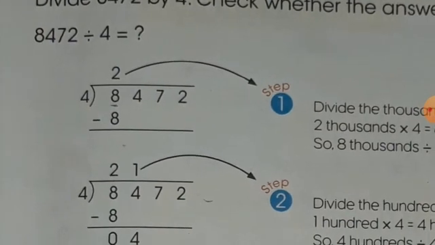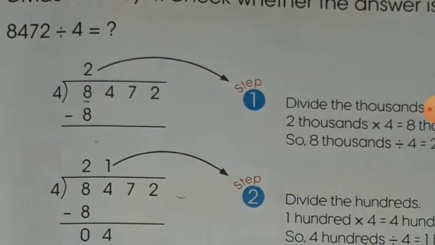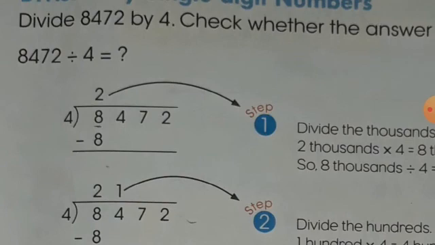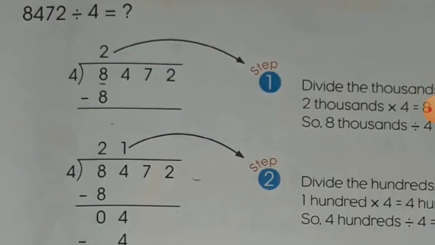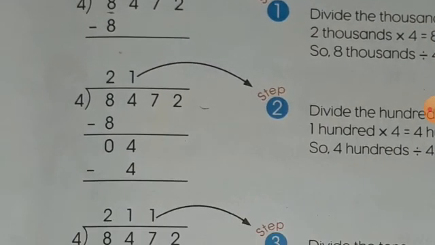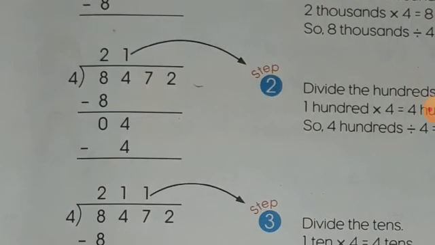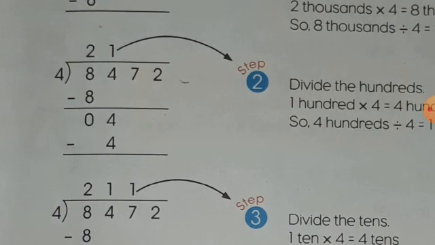Here 4 is the divisor, and we have to divide 8. 4 2s are 8. We will put a minus sign here and subtract 8 minus 8, and the answer of the subtraction will be 0. Then we will take 4.